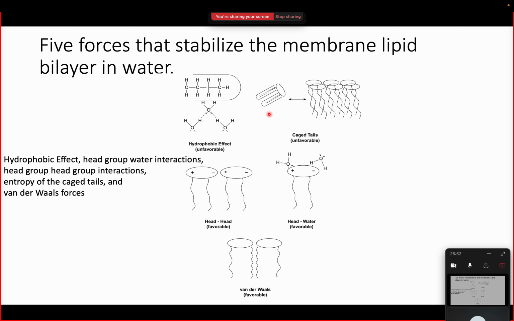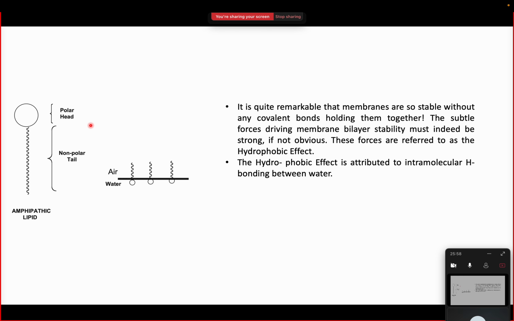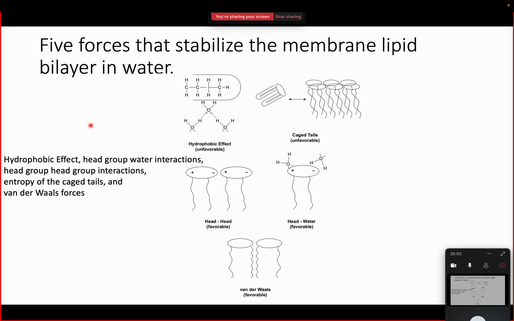Okay, now if we talk about head interaction, as I have mentioned, the head is a polar molecule, right? So polarity means it has some charge associated with it, or whenever another group comes near a polar entity, it will try to polarize the other molecule also, right? So opposites attract, remember this.